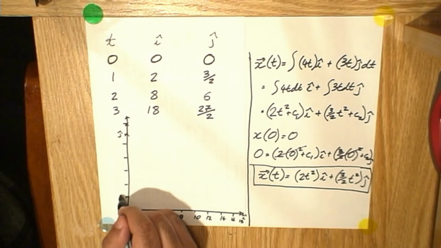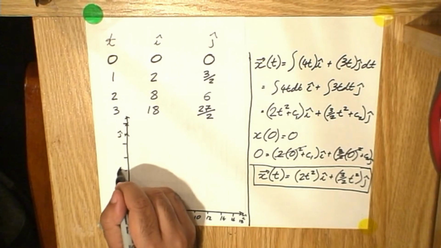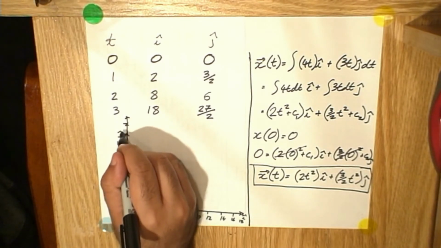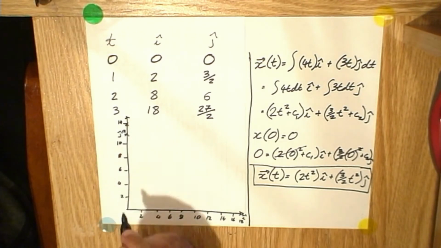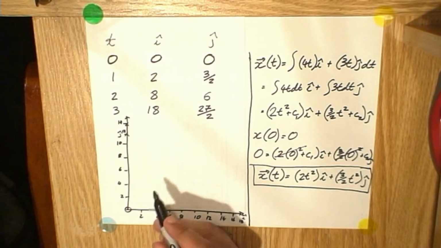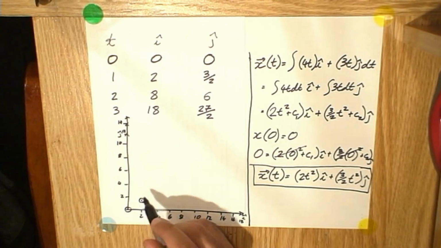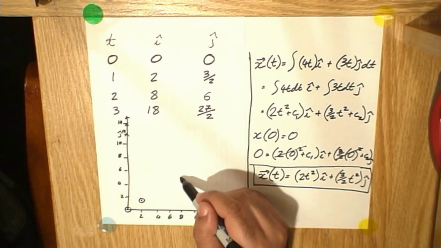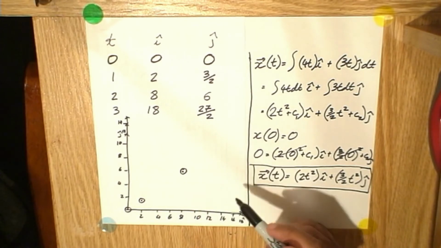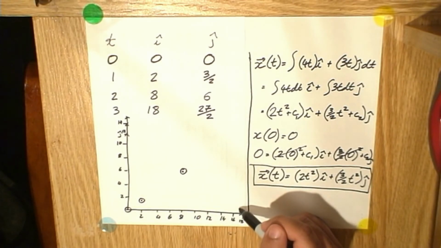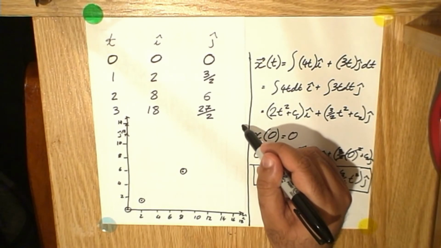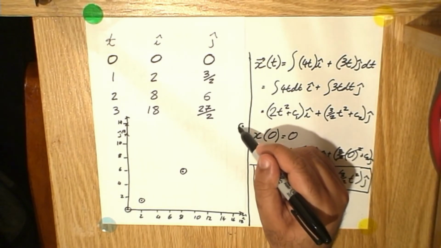And let's say it stretches out something like this. So 0, 0. 2 and 1.5 would be right about here. That's its position after 1 second. 8, 6 would be about here. That's its position after 2 seconds. And 18, 27 over 2 would be its position after 3 seconds.